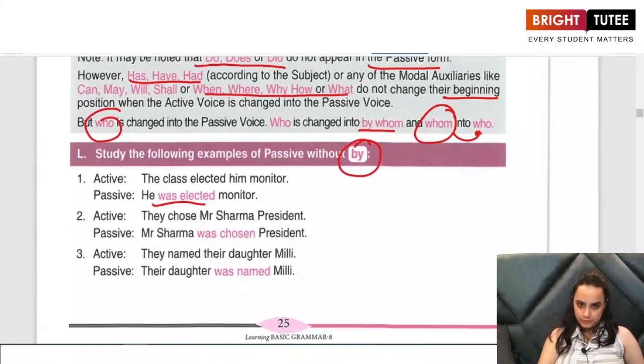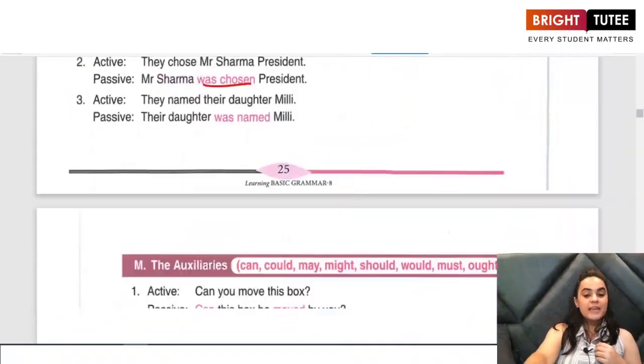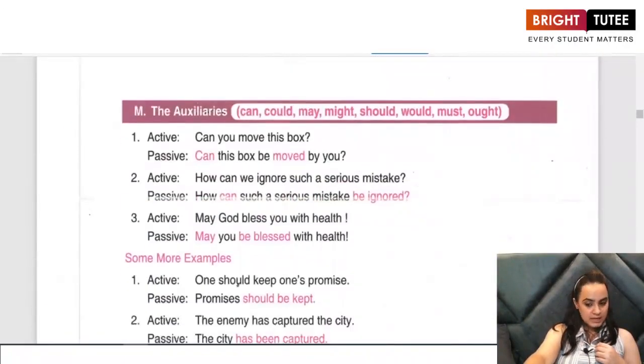We have not written by the class. They chose Mr. Sharma president. Mr. Sharma was chosen president by them. Not written. They named their daughter Millie. Their daughter was named Millie by them. Not written. So these are a few cases in which even if we don't write by, this would not make any difference in the case.